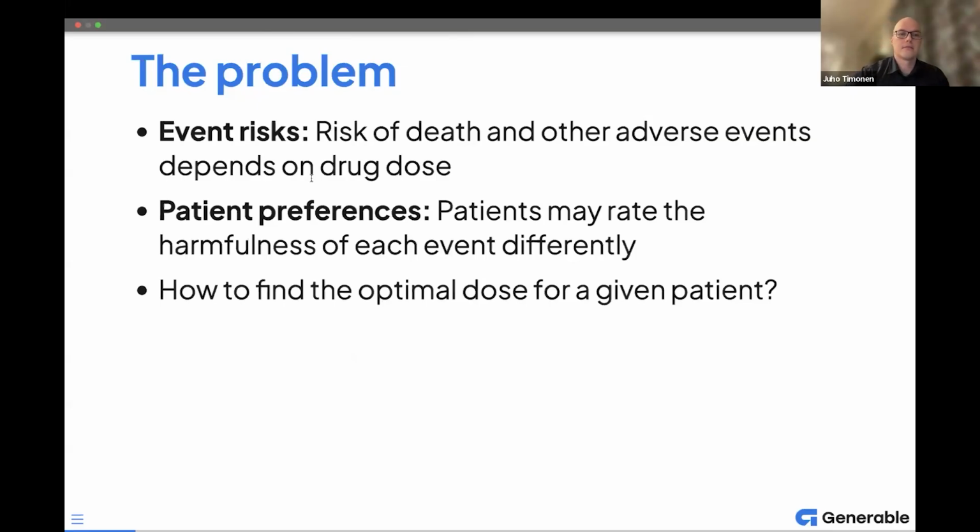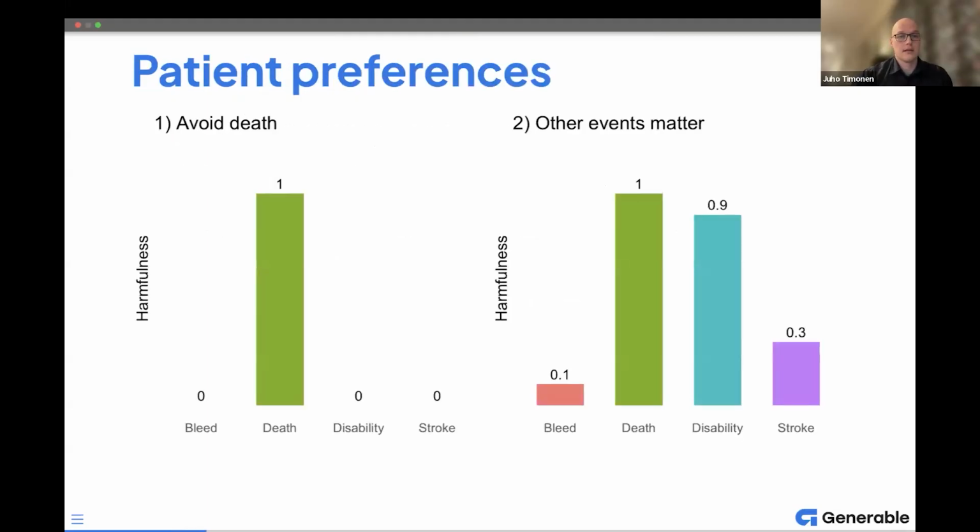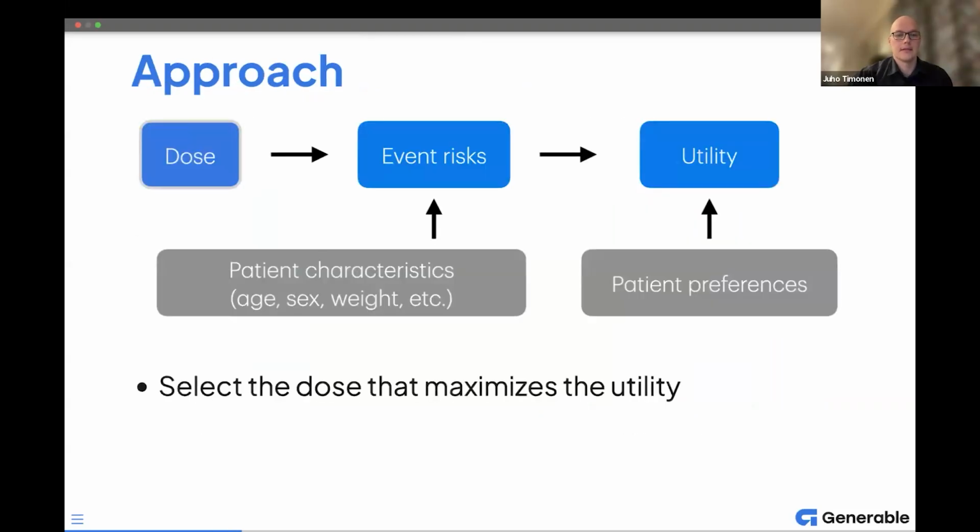Patients can have different preferences for these events, and we want to find the optimal dose. We can include patient preferences so that we can weight different events. We would select the dose that maximizes utility, which is based on the event risk and patient preference. And the event risks depend on dose and other patient characteristics.